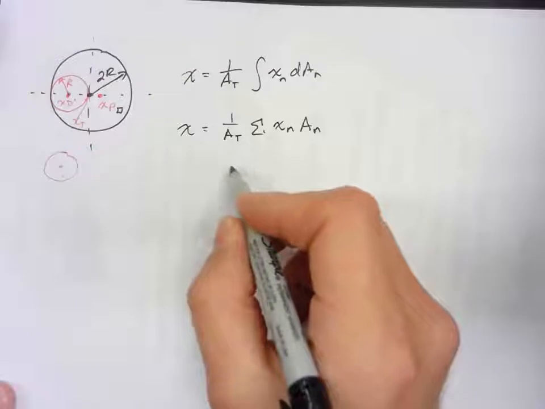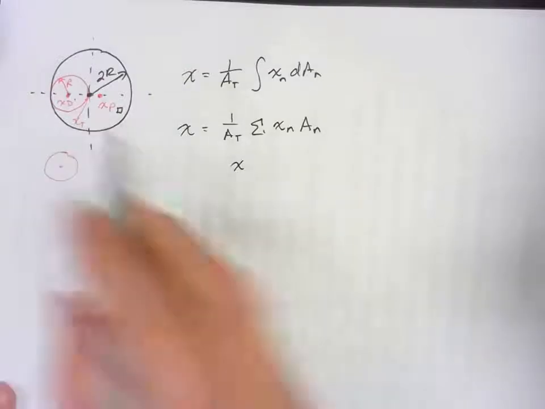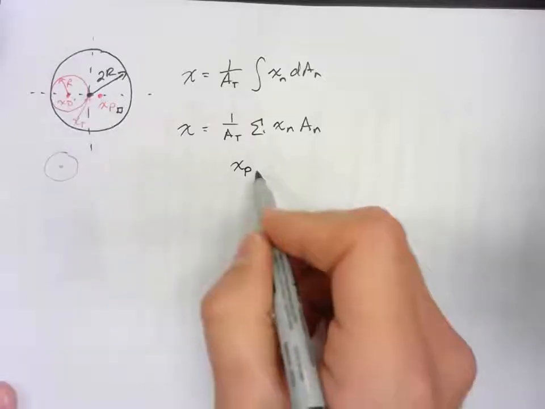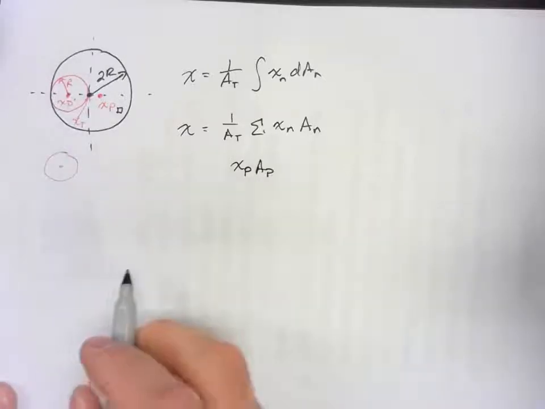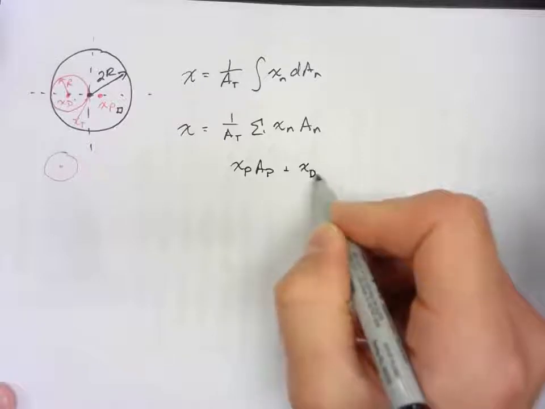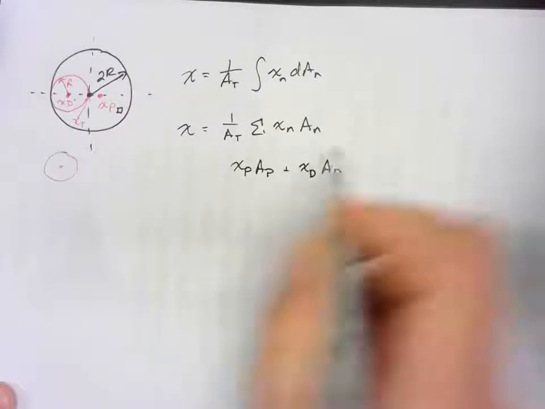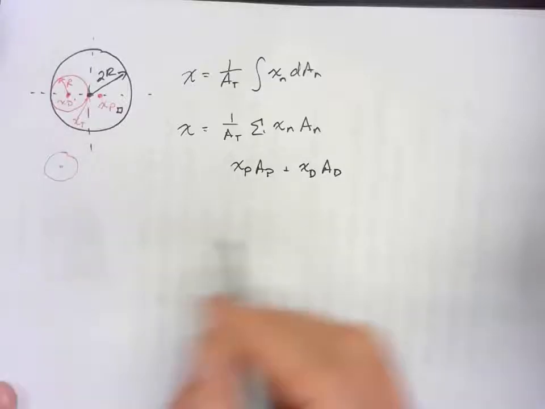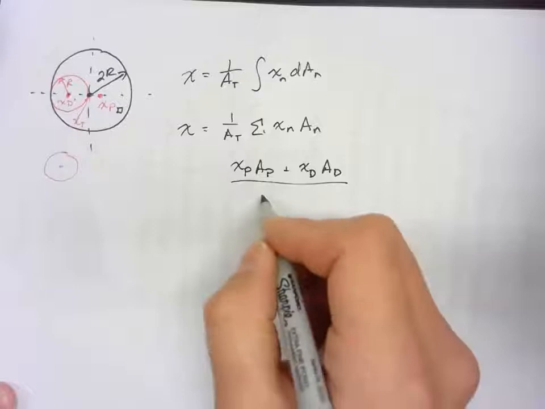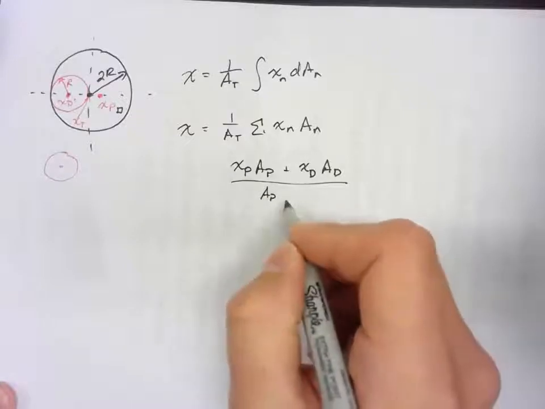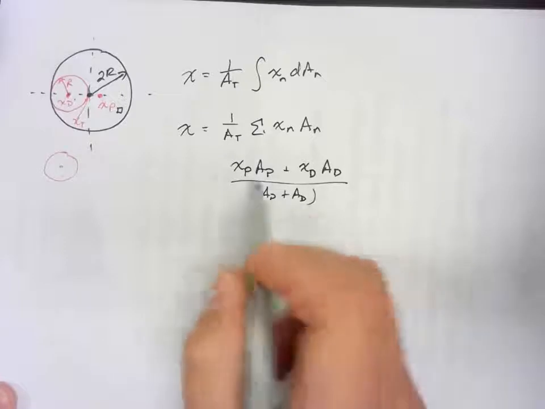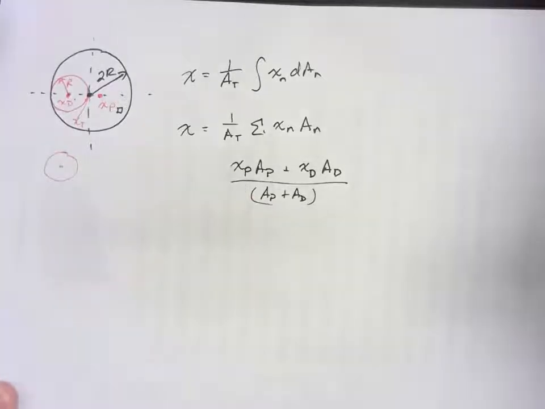So this turns into the x of the plate, the center of mass of just the plate, times the area of the plate, plus the center of mass of the disc, times the area of the disc, because those are the two objects that we're going to have. And that's going to be divided by the total area, which is going to be the area of the plate plus the area of the disc. All right, easier to think about it as just the total anyway.